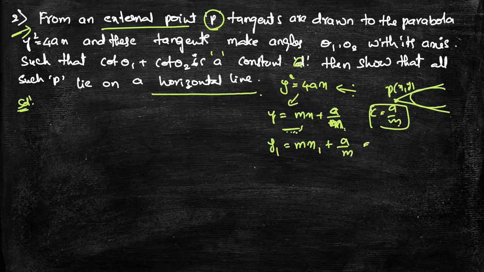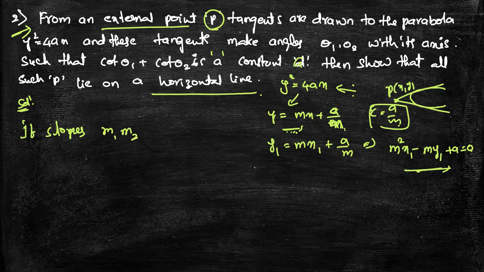From this, multiplying by m, it becomes m square x1 minus m y1 plus a is equal to 0. Now, let the slopes be m1 comma m2.